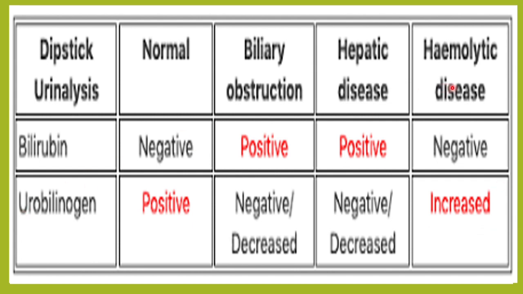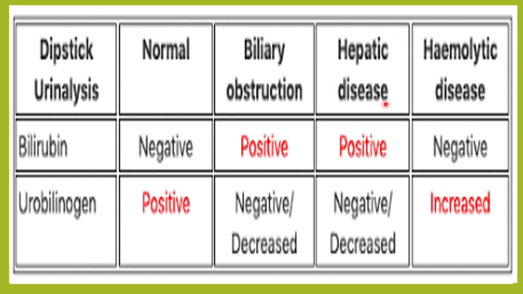Whereas the bilirubin will be negative because the liver is perfectly fine. The liver is able to take the load and is converting all the unconjugated bilirubin into conjugated bilirubin and excreting it. So you will not find any bilirubin in the urine in case of hemolytic disease.